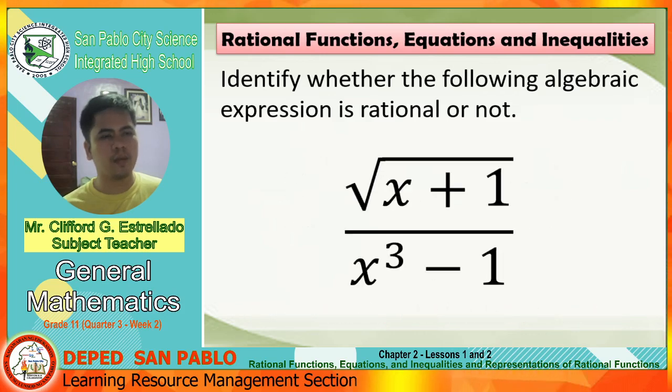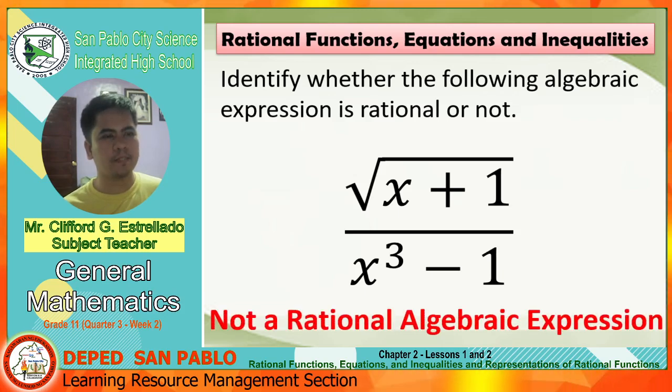About square root of x plus 1 over x cubed minus 1. Okay? So this is an example of not a rational algebraic expression. Why? So square root of x plus 1 is a radical expression and we can rewrite that as quantity x plus 1 raised to 1/2.